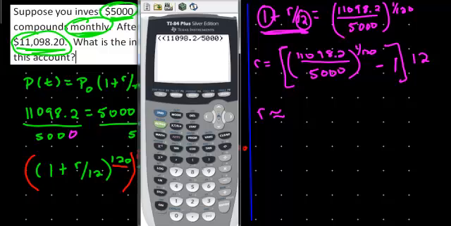Close parentheses. My caret to put my stuff in that exponent is going to be 1 divided by 120. So that parentheses closes my exponent, then minus 1. That parentheses closes the first parentheses, and now times 12.